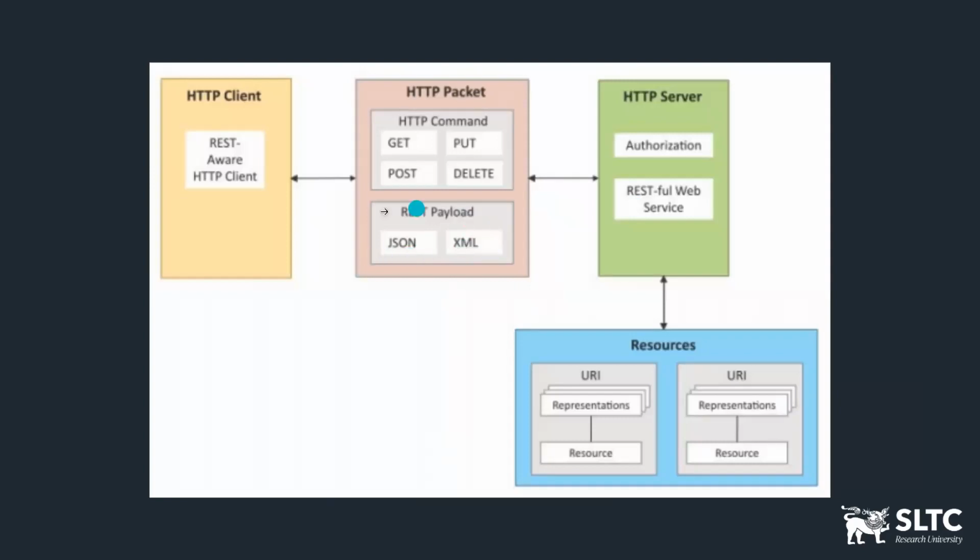The languages that are used are basically JSON and XML. The commands that will be used are basically get, put, post, delete, and so on. There are other commands as well. Not only these commands, there are complex functions defined under the HTTP protocol. But we basically talk about these 4 commands.